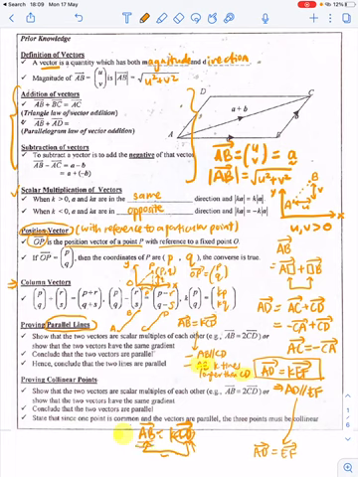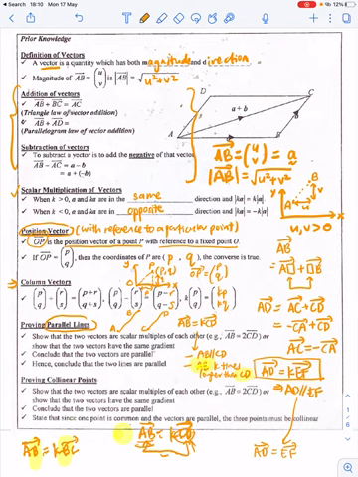For example, I can say AB equals K BC, where B is being overlapped. What can I conclude about this? I can not only conclude that AB and BC are parallel, in fact they lie on the same straight line because there is a common point B.